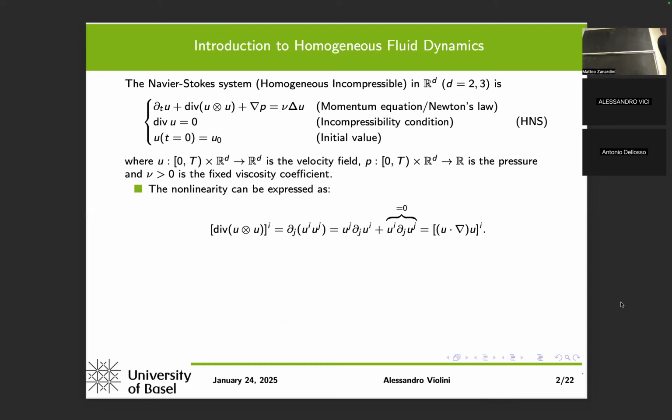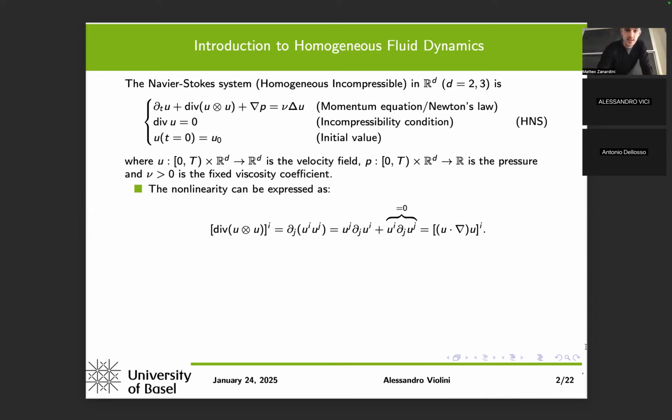I compute the j derivative of u_i u_j, because it's the ij component of this matrix. Then I can use the product rule. I get these two terms. And the second one is 0 because I'm divergence free, and this partial_j u_j is 0. And so I can write this term, since I'm incompressible, in this way, which is quite common in fluid dynamics.